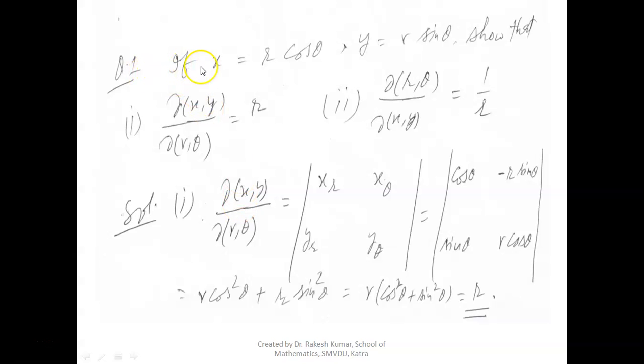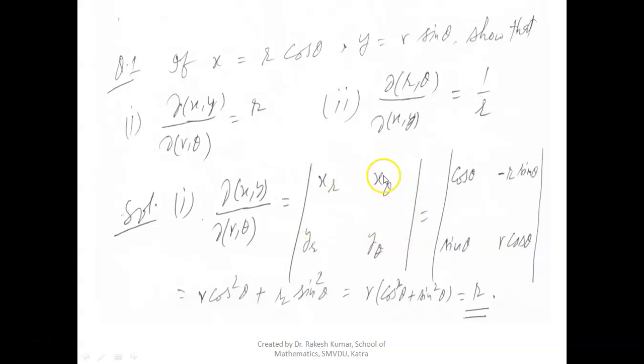So now this is a question: if x is equal to r cos theta, y is equal to r sin theta, then show that this is equal to r and this is equal to 1 upon r. So taking up the first part, the Jacobian of x, y with respect to r, theta: x r, x theta, y r, y theta.